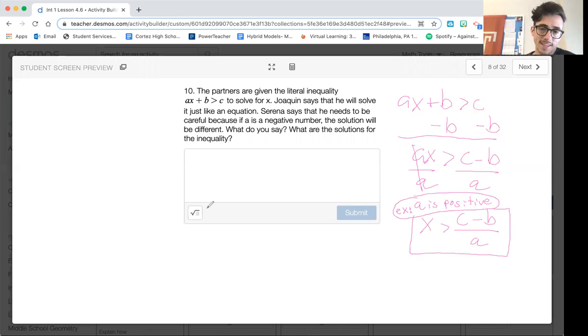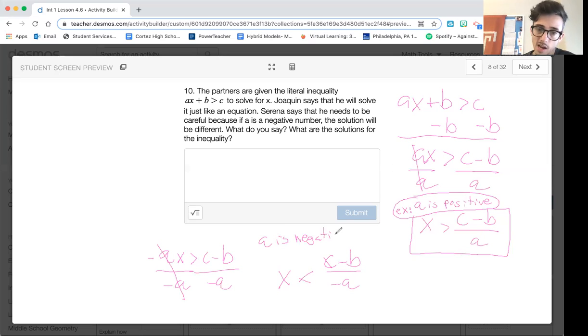But let's imagine that we had negative ax greater than c minus b. If we divided both sides by negative a, that's going to switch things up because x is now less than c minus b over negative a. So notice the difference. This is if a is negative.